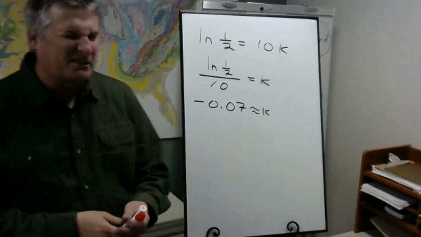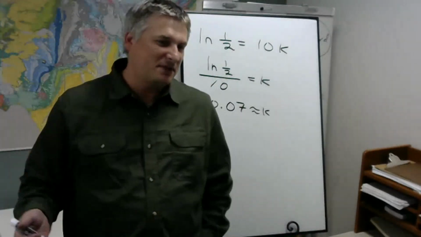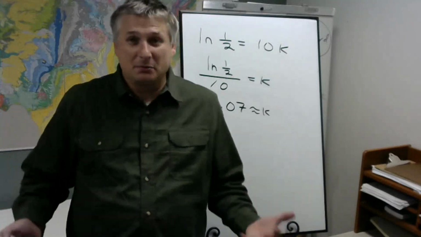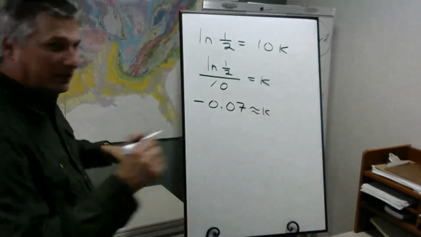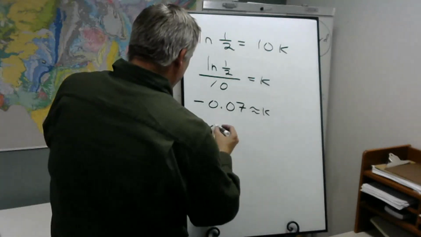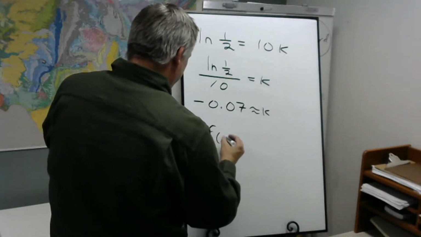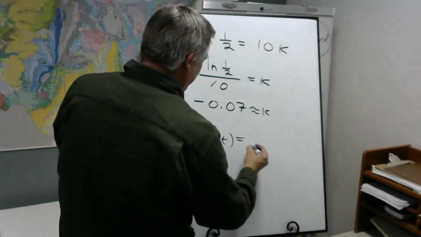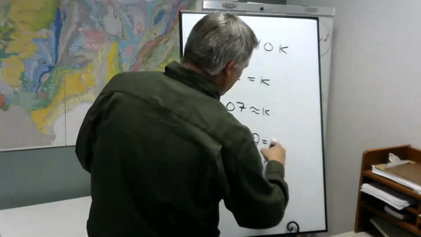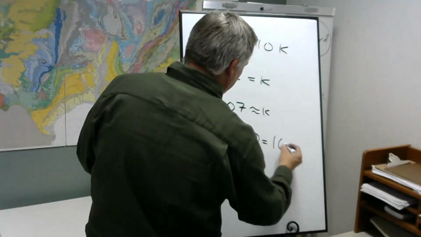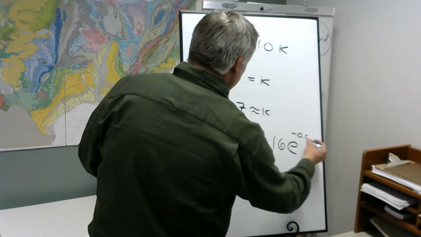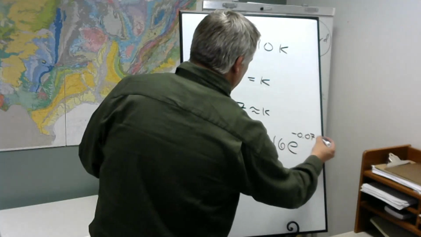So now let's answer this question. And you might have figured this out. If the half-life is 10 seconds, how much is left after 10 seconds? Well, half is what is there. So let's try this out in our model. So now our model, f of t, and they'll sometimes call this just capital A, is our initial amount, 16, e to the minus 0.07 t.